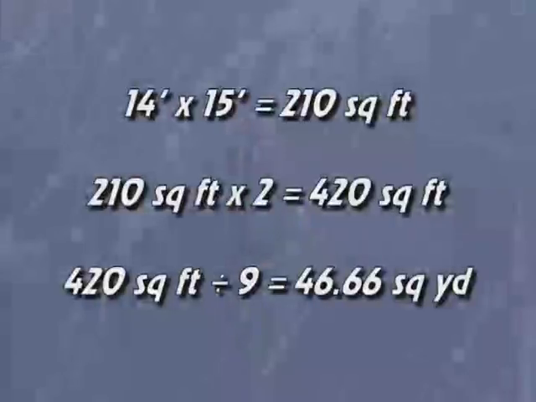But we want to order in square yardage, or get the answer here in square yardage. To do that, we need to divide by 9. We divide 420 square feet by 9, and that will give us 46.6 square yards, which is what we need.